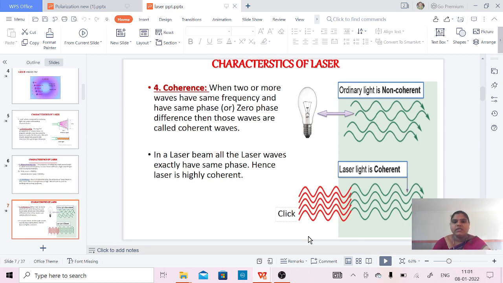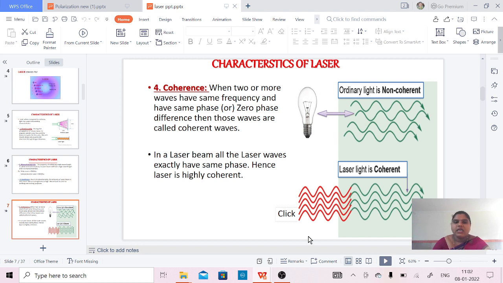And next, coherence. We already know about coherence. Let us recall how ordinary light is non-coherent and laser light is coherent. What is coherence? When two or more waves have the same frequency and the same phase, or zero phase difference, then those waves are called coherent waves.